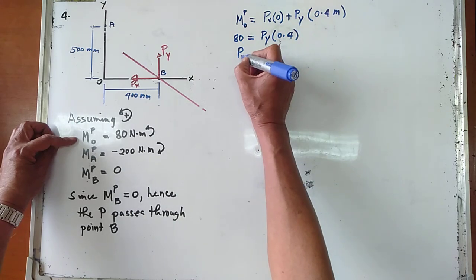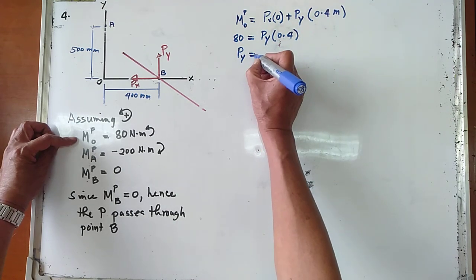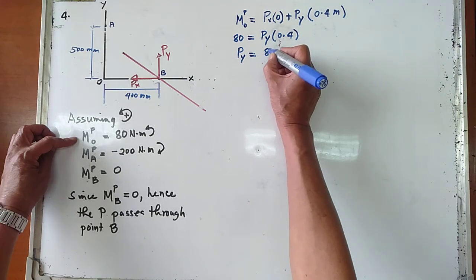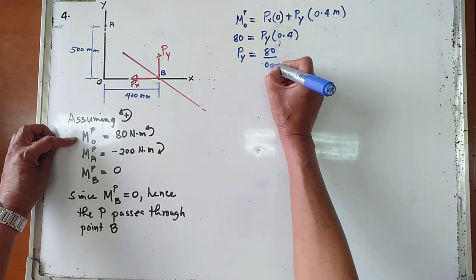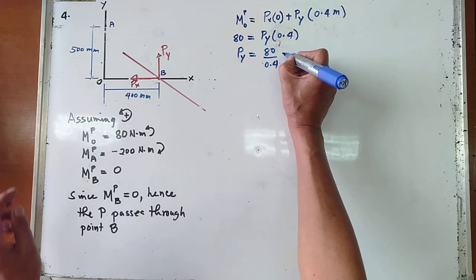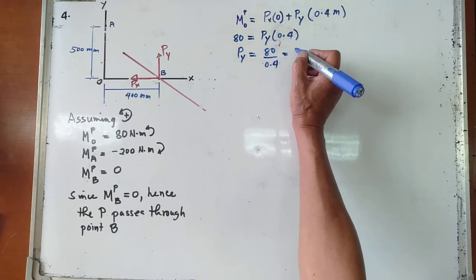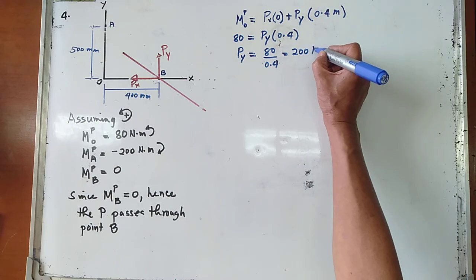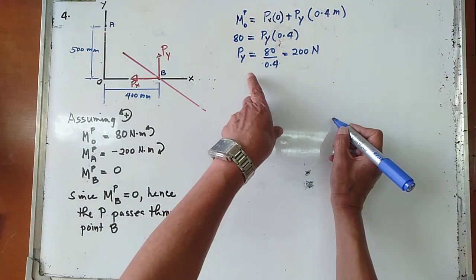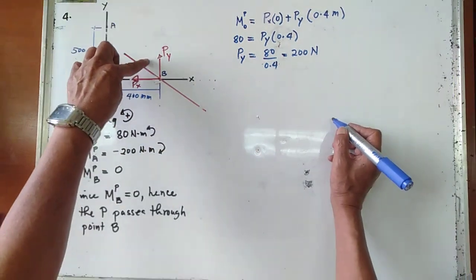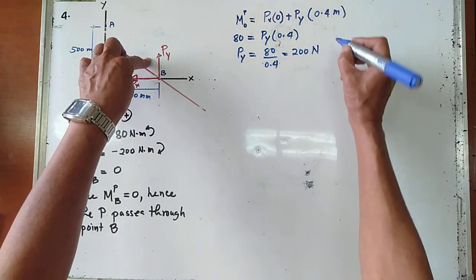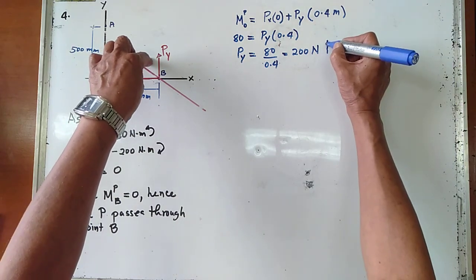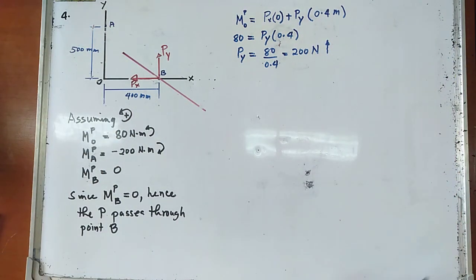Hence, your Py in here is equal to 80 all over 0.4, and that one is equal to 200 newtons. So, we get a positive value. Therefore, the assumed direction of Py is correct, and that is going upward.